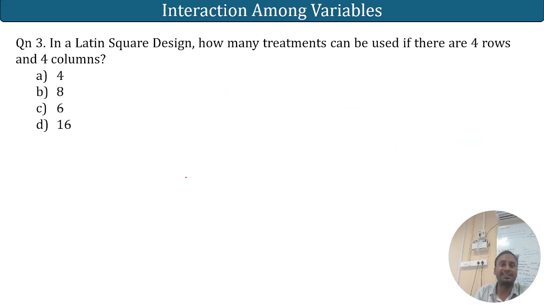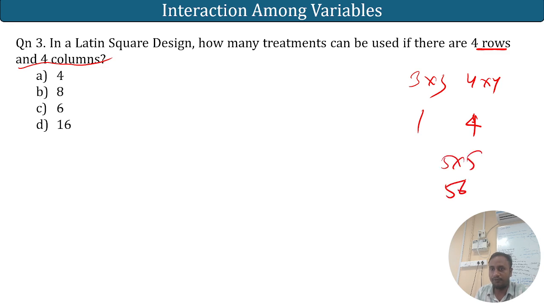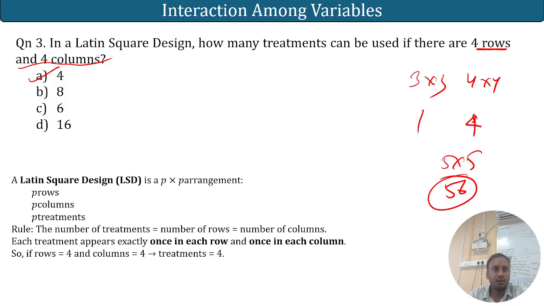In a Latin square design, how many treatments can be used if there are four rows and four columns? Four. In the case of 3 by 3 it is 3, 4 by 4 it is 4, 5 by 5 it is 5.